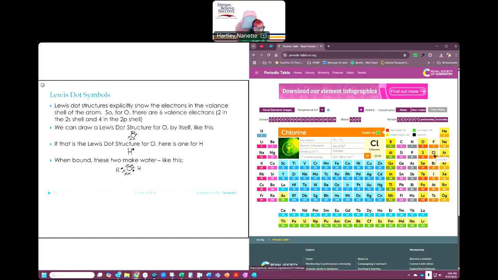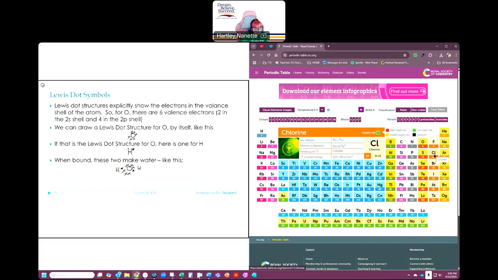Now what we see is that the hydrogen with its 1 dot is next to the oxygen with its 1 X, and the oxygen with its 1 X is right next to the hydrogen with its 1 dot. Between the 2 of them, oxygen has access to 8 electrons: 1, 2, 3, 4, 5, 6, 7, 8. And each hydrogen has access to 2 electrons: 1, 2, and this hydrogen has 1, 2.